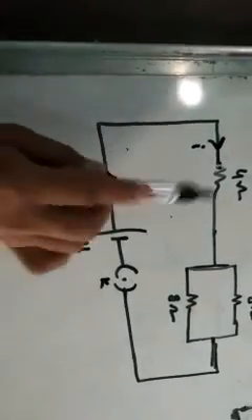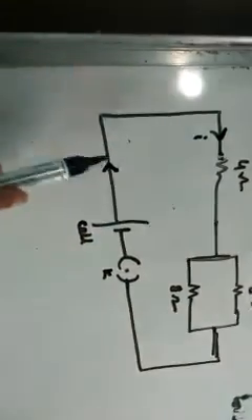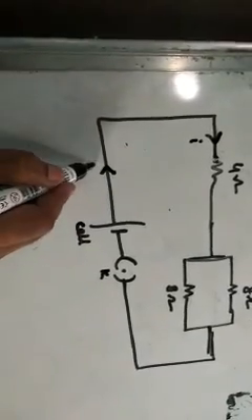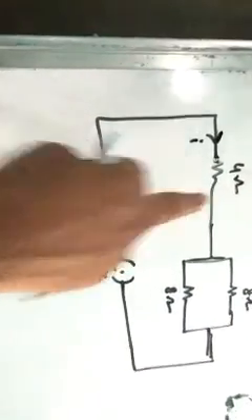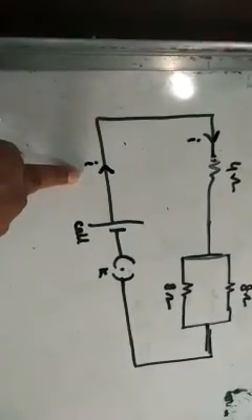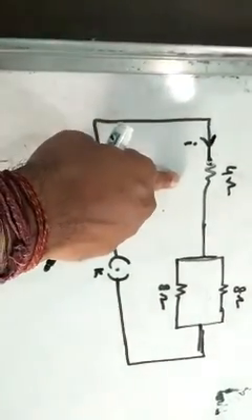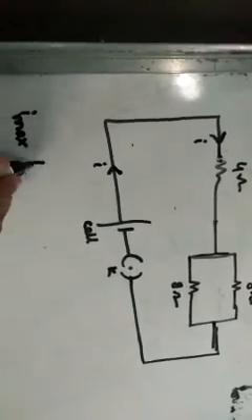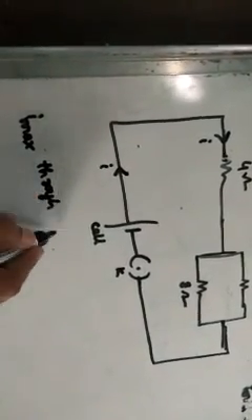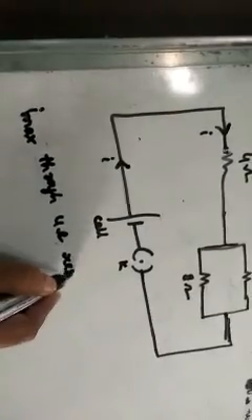So I am going to find out the original current which is coming from the battery. The same current is flowing through the 4 ohm resistor. How to find the maximum current through the 4 ohm resistor?